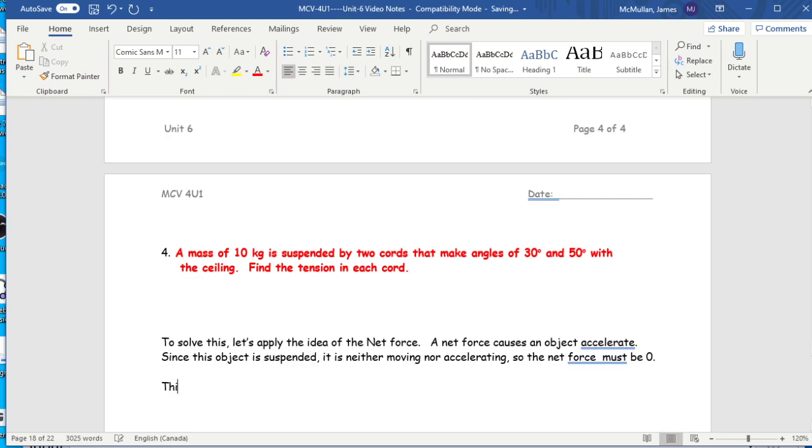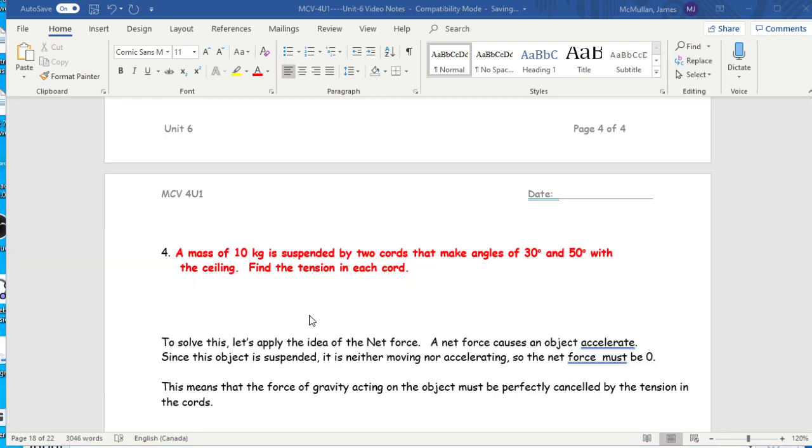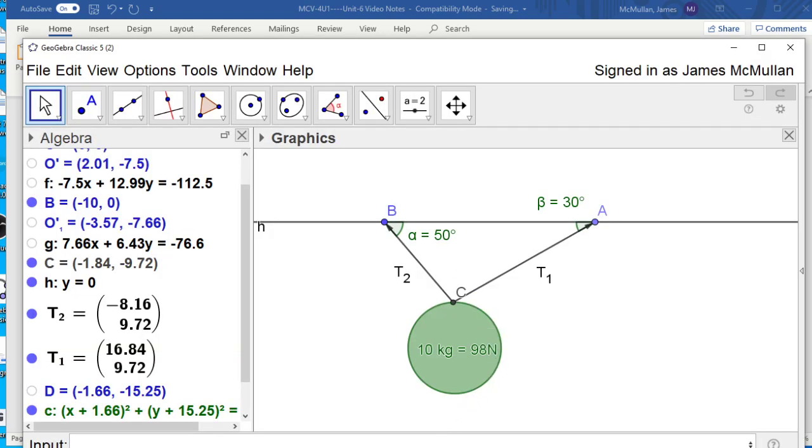This means that the force of gravity acting on the object must be perfectly cancelled by the tension in the cords. Okay? So now we've got a new idea.